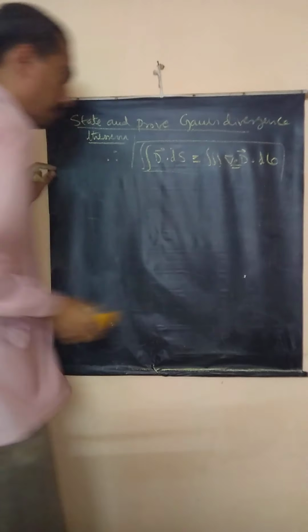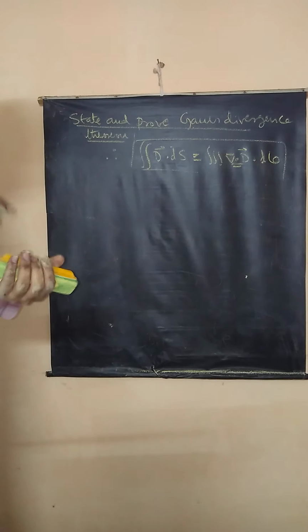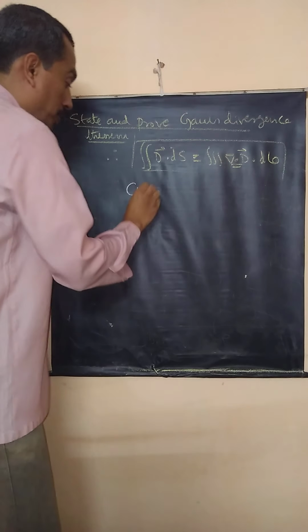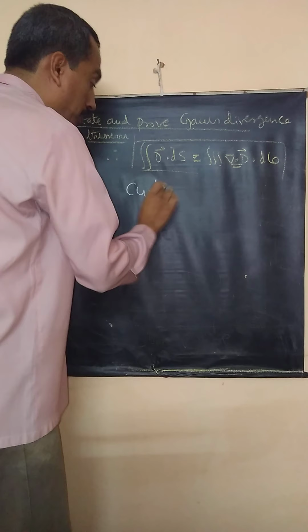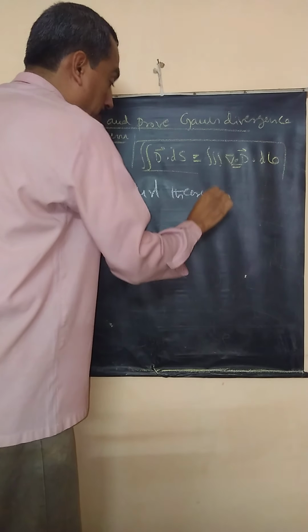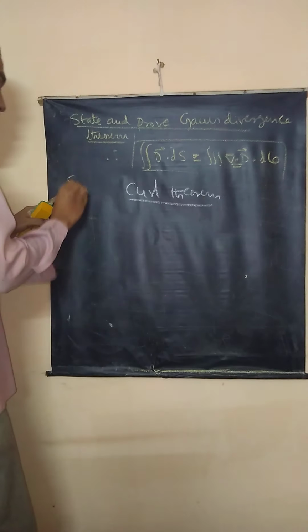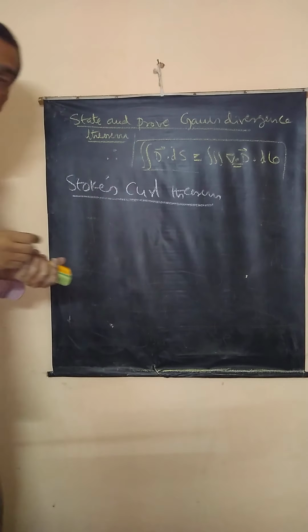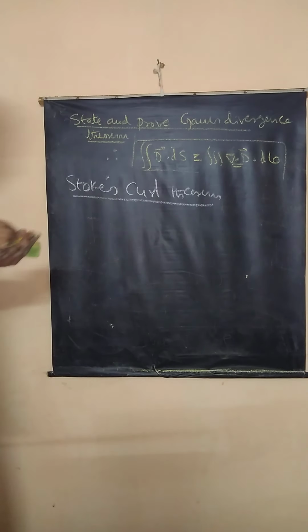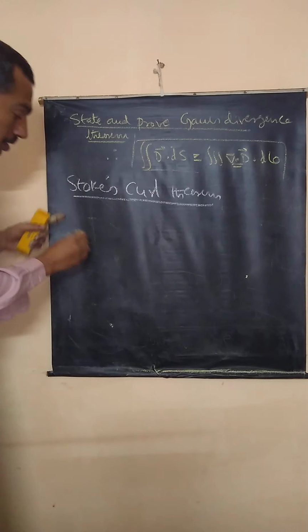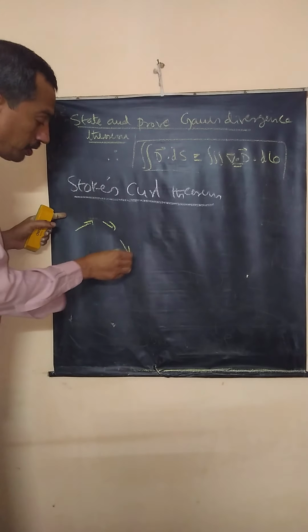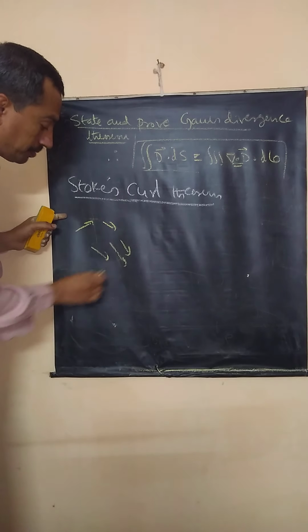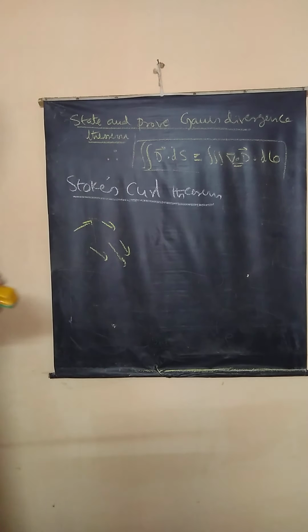See here, curl represents fields whose vectors rotate. This is called Stokes' curl theorem. A vector which rotates in space like this is said to possess curl.